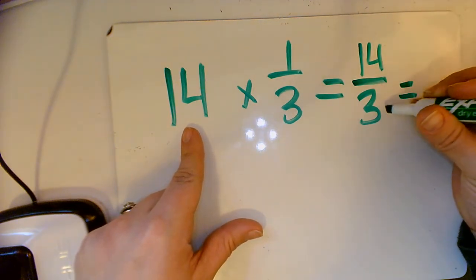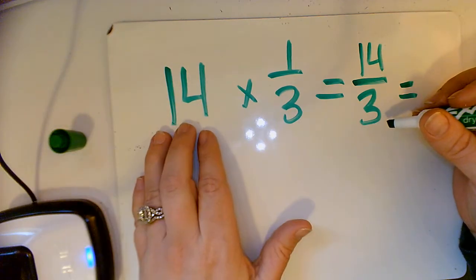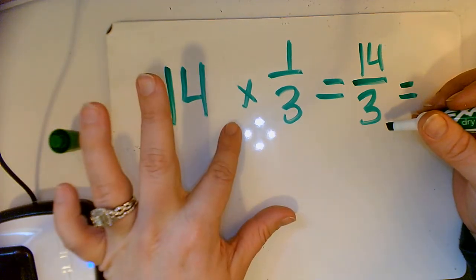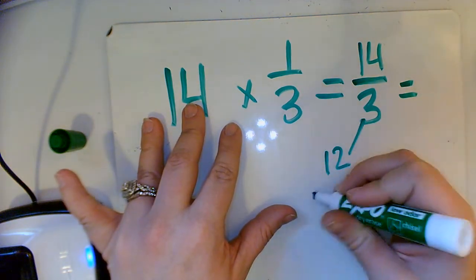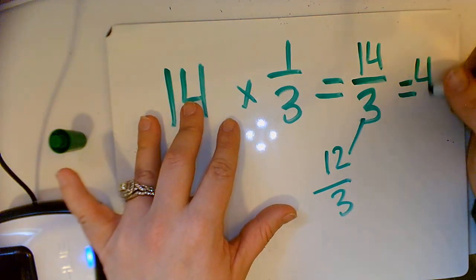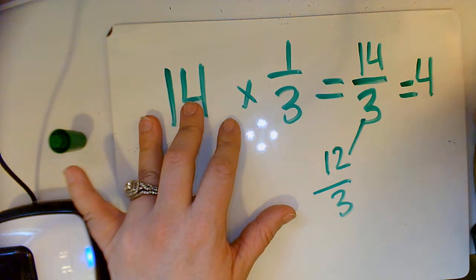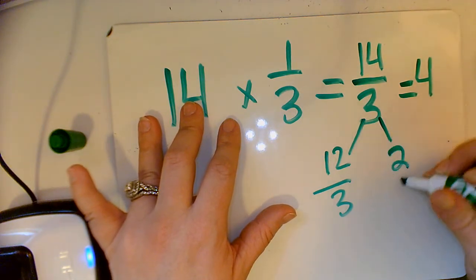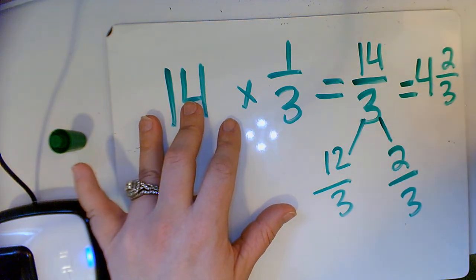How many thirds does it take to make 1? It takes 3. So let's see how many wholes can we make. 3, 6, 9, 12. That 12/3 is equal to 4. 14 minus 12 leaves us with 2/3. 4 and 2/3.